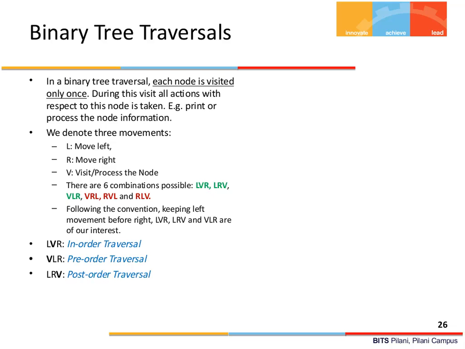In in-order, the visiting or processing part V happens in between left and right. In pre-order, the visiting happens in the beginning itself, before L or R can take place. Similarly, in LRV, the visiting or processing happens in the end, so that is called post-order traversal.